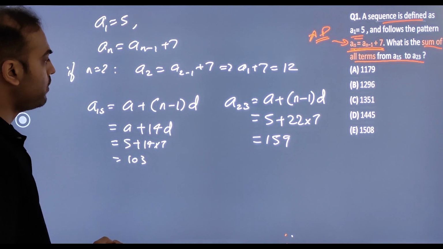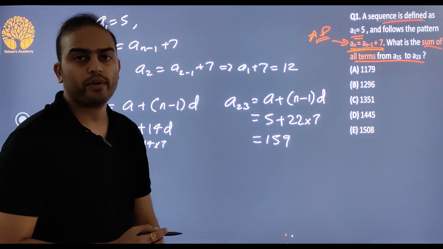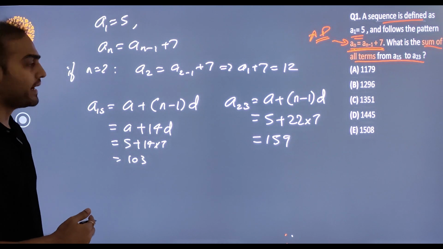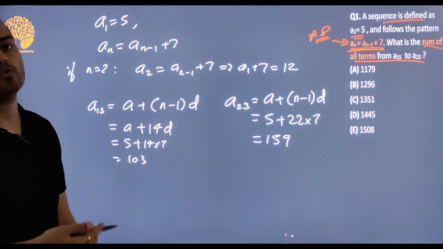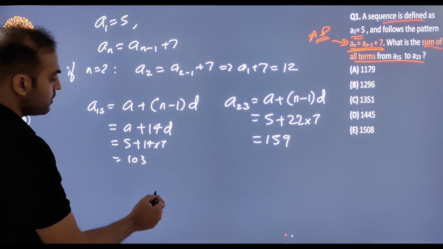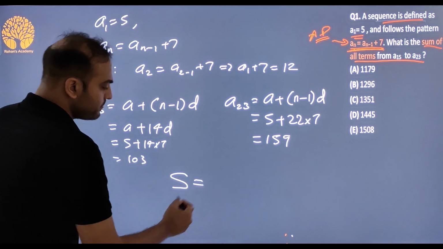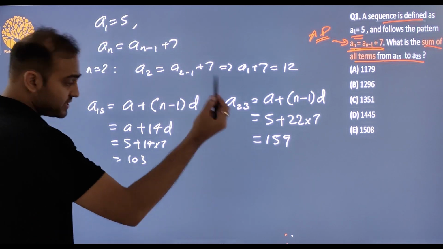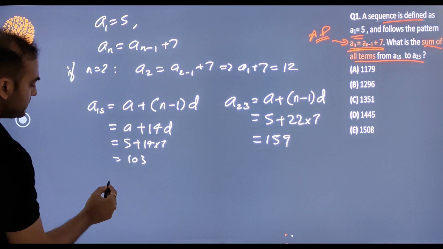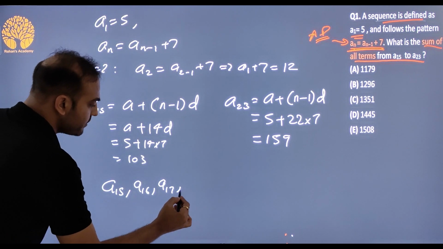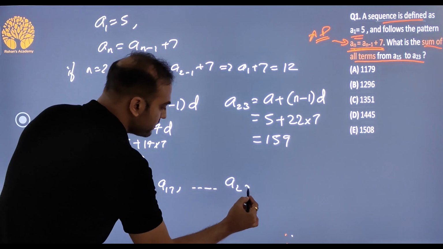And now from A15 to A23, how many terms are there? Those are 9 terms. If you count the number of terms from A15 to A23, these are 9 terms. Now this series is what they are asking: A15, A16, A17 till A23.